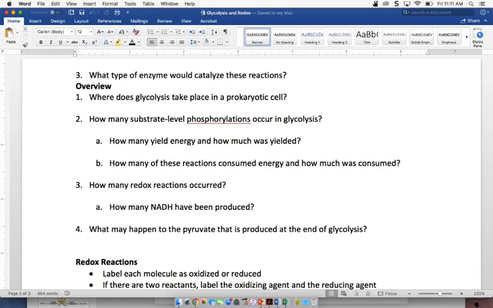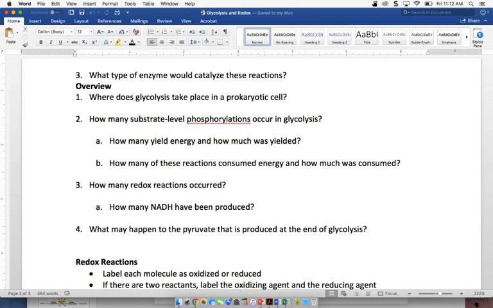So in a substrate level phosphorylation, we've got some sort of phosphate group being moved from one of the reactants to the other to produce 2 new products.